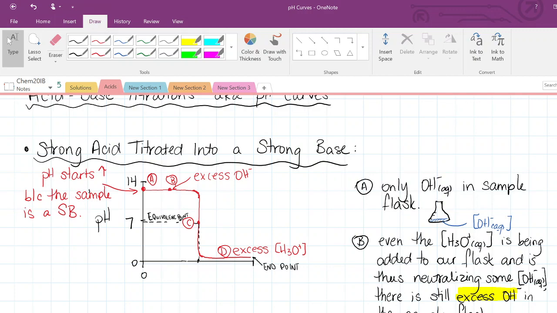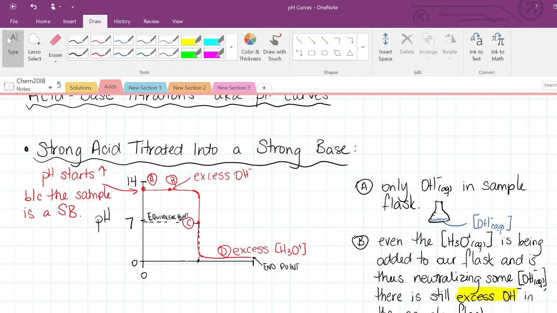Now, a pH curve is generated when we take either a strong acid or a strong base and place it in our Erlenmeyer flask. This is what we call our sample. We place an amount with a very precise volume.